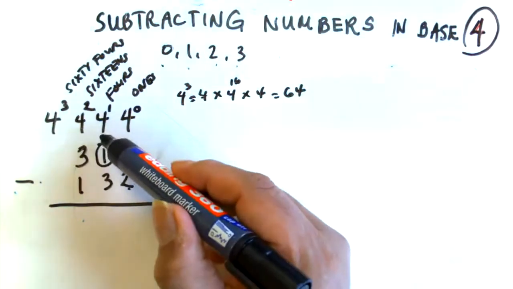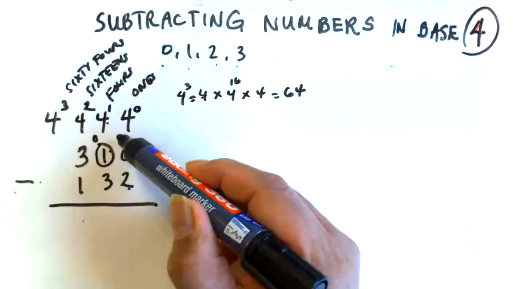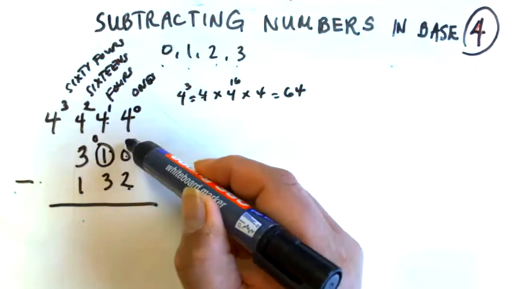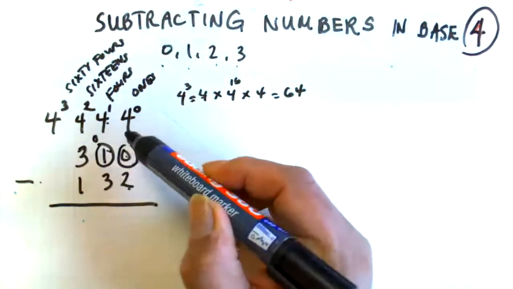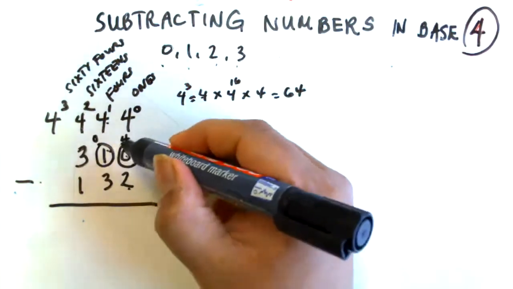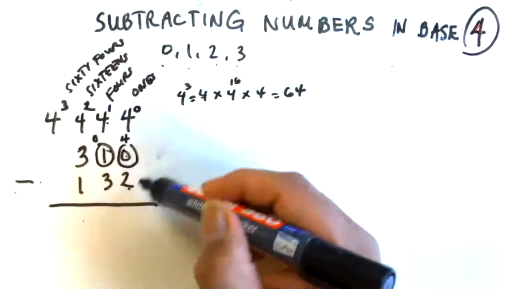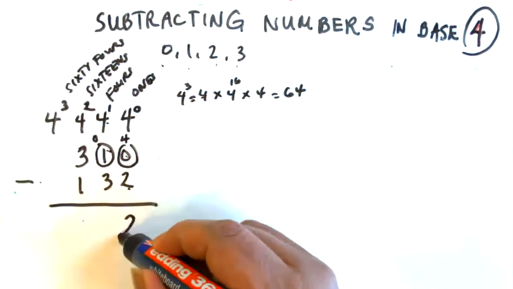So you borrow 1, this becomes a 0. That 4 belongs to the next column, and 4 plus 0 is 4. So now you could do the operation. 4 less 2 is 2.